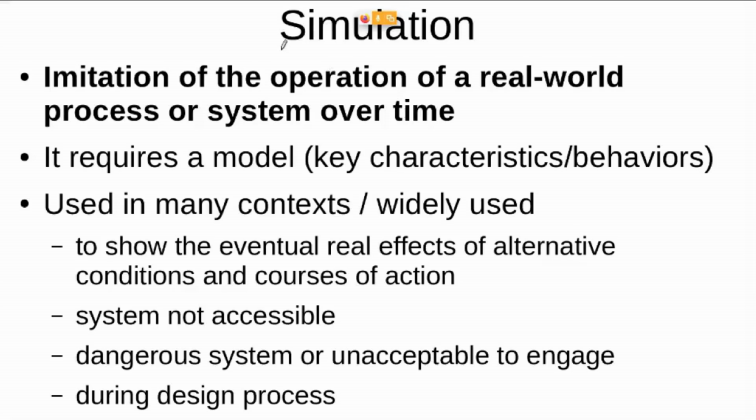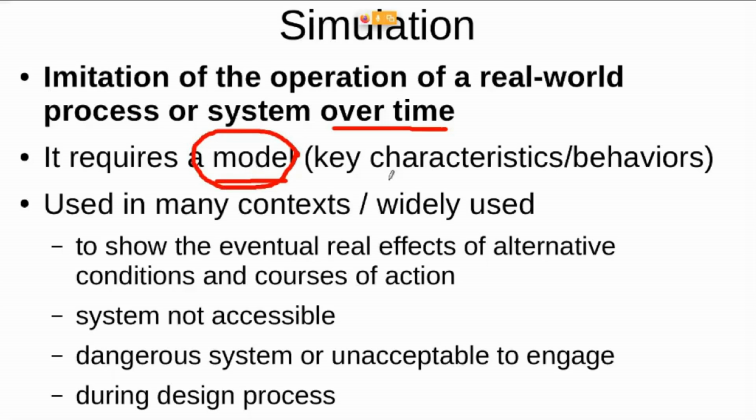We're going to use simulation in this course in order to get these statistical results. Okay? As you may know, simulation is the imitation of the operation of a real-world process or system over time. It requires a model. So the first part of this course will be the building of a discrete event model.